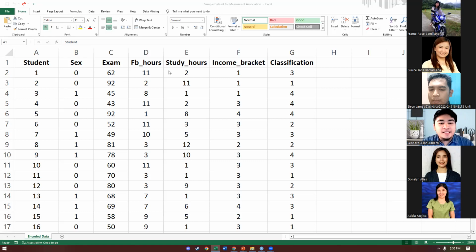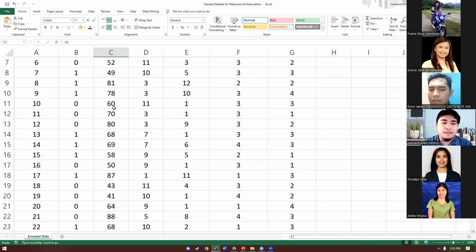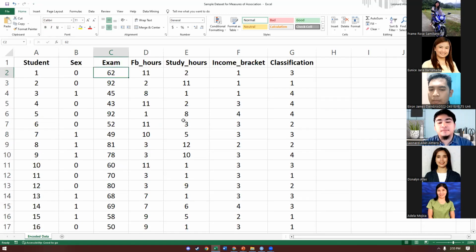Next po, how about exam scores? Marami yung nagsasagot ng ordinal, merong interval na naka-question mark. Siguro dapat ito exam points. Ang intention ko po dito ay ratio.